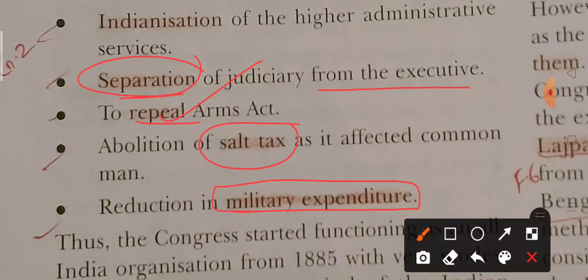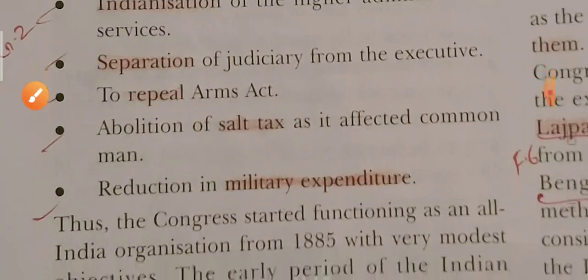In that time military expenditure increased, and it was taken from Indians and used Indian money. So Indian leaders started to advocate minimum military expenditure.